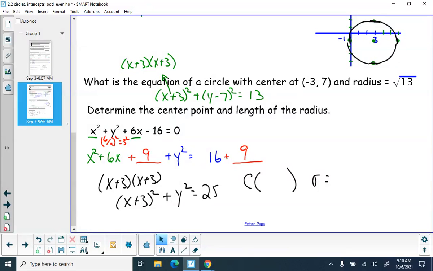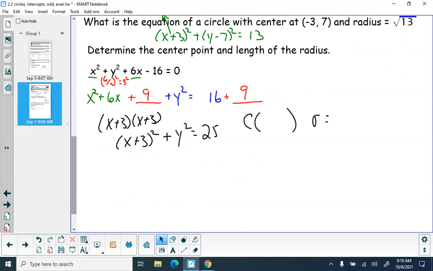We have nothing to subtract off the y, so what's our y value there? Right, so what's our y value going to be? 0. That's correct. Since there's nothing there to subtract, our y value is a value of 0. So my center point is x equals negative 3, y equals a value of 0. My radius should come down to a value of 5.